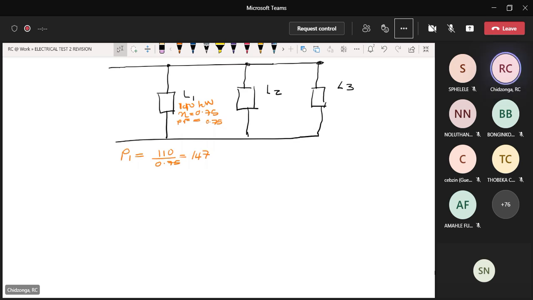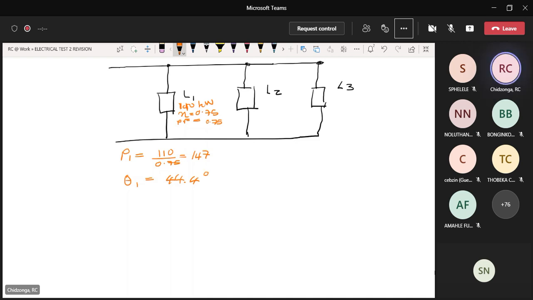This is P. Which means the angle theta 1 is arc cosine of 0.75, which is 44.4 degrees.